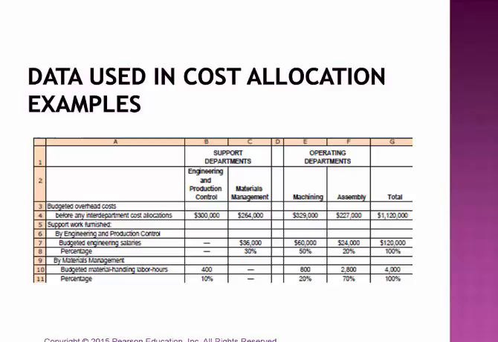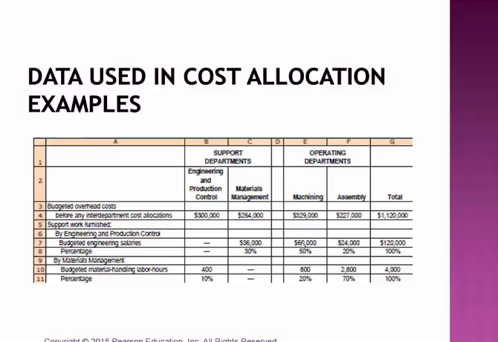The engineering and production control department has engineers that work in the other departments, and these engineers all have an annual salary. All right, so in the materials management support department, that particular engineer's salary is $36,000.